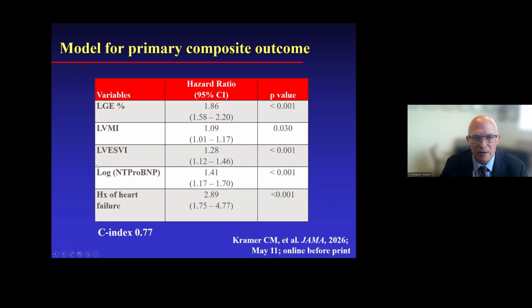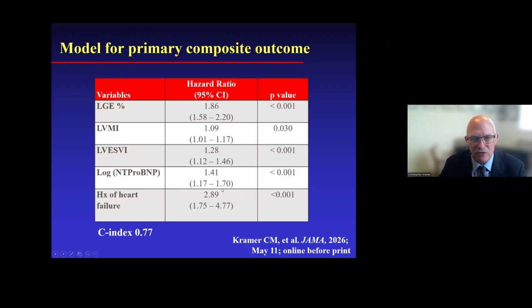Because of the way the NT-proBNP was distributed, it turned out the log of this value, because it's not a normal distribution, was a potent predictor with a hazard ratio of 1.41 per increase of 1 unit in the log of NT-proBNP.